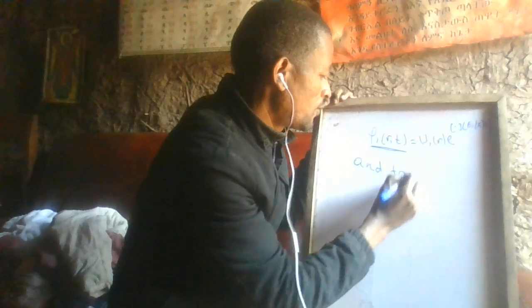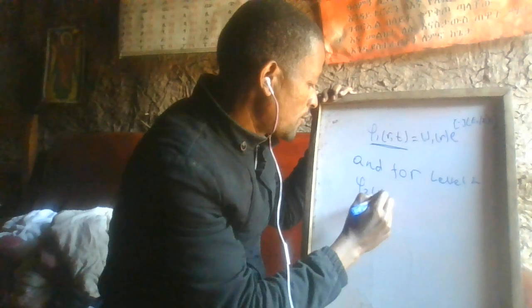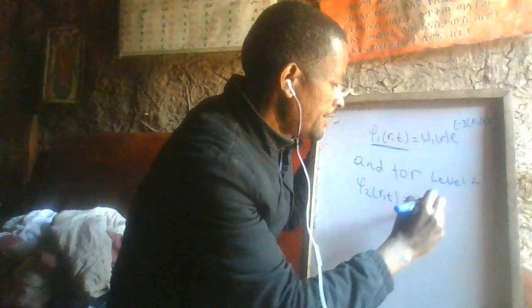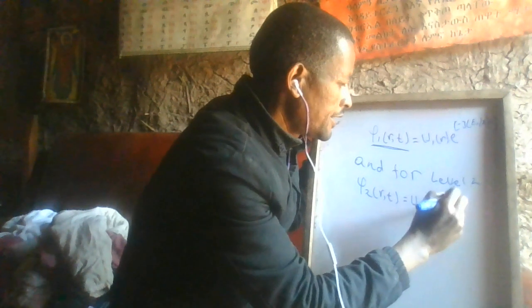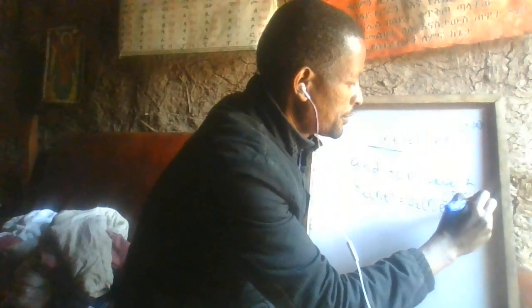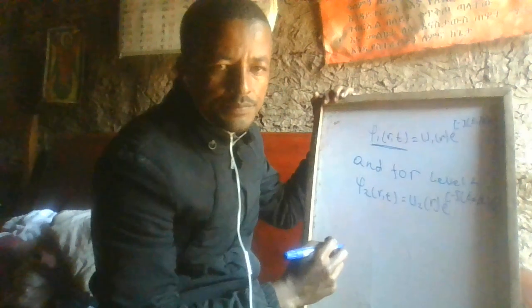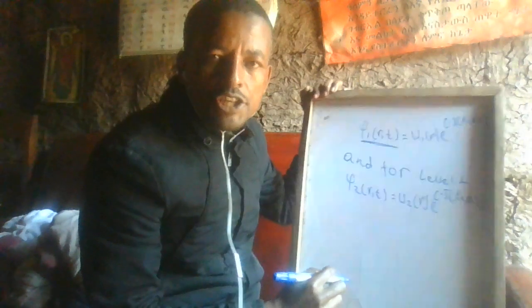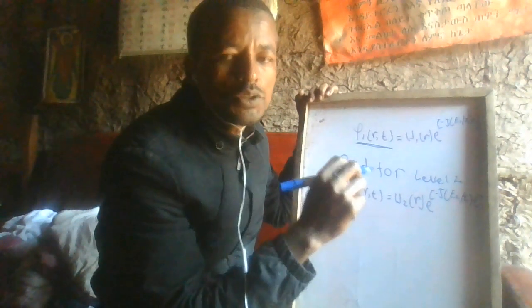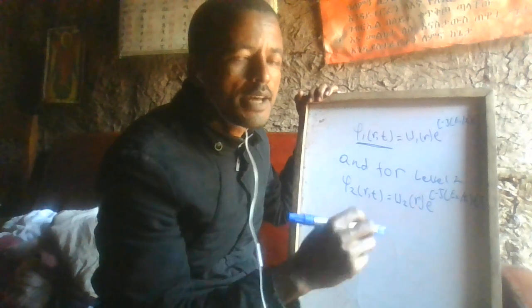And for level 2, psi 2 at r comma t is equal to u2 of r, exponent of negative j times E2, energy E2, over h bar times t, for level 2, the corresponding wave functions, where u1 and u2 are the eigenfunctions of the two stationary states. r denotes the coordinate of the electron undergoing the transition.